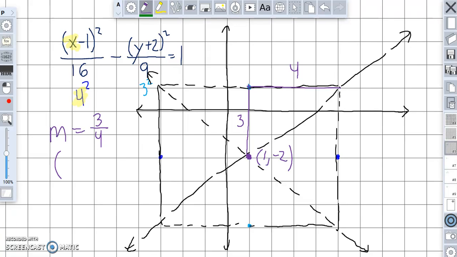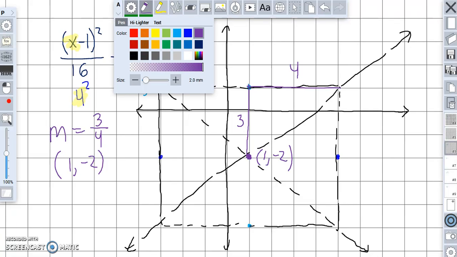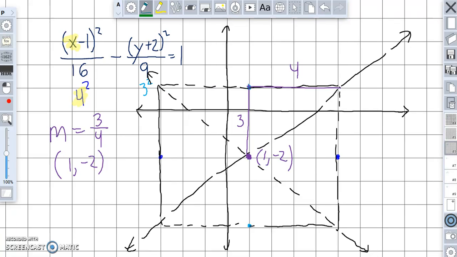So if I have a slope of 3/4 and the point (1, -2), I can use point-slope form of the line. That looks like y minus y1 equals m times (x minus x1).